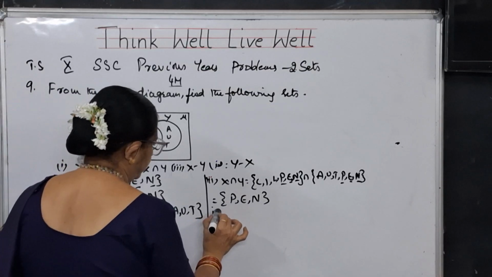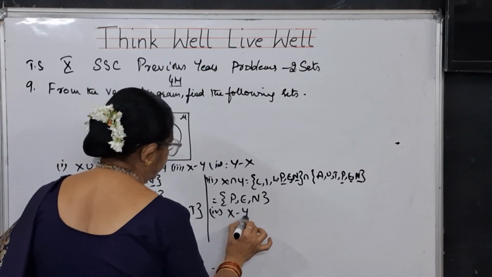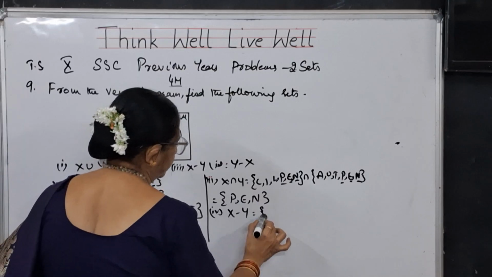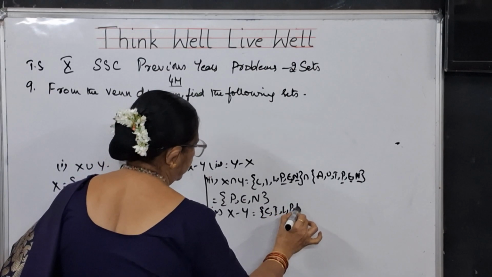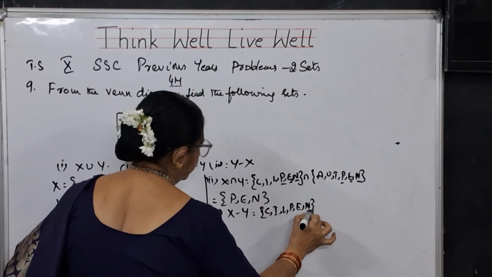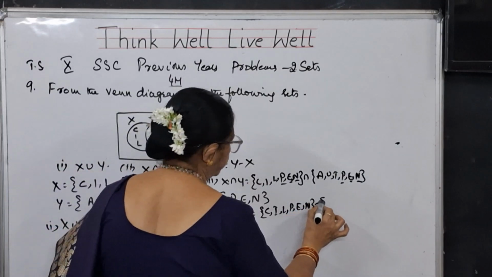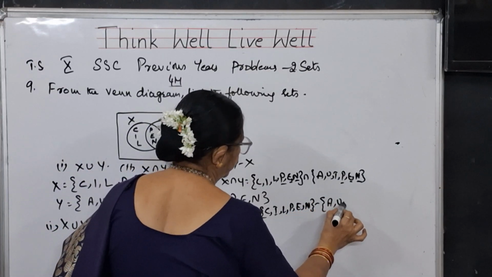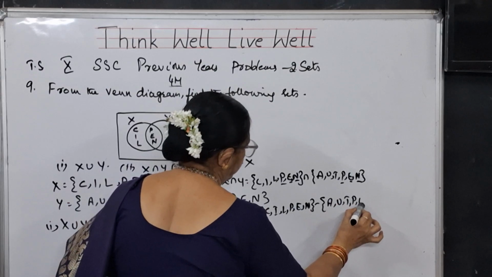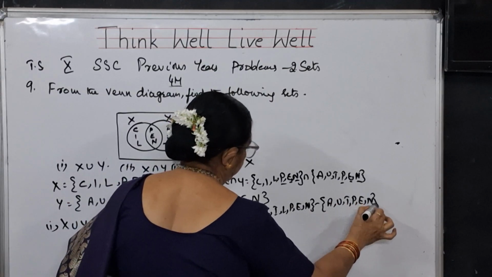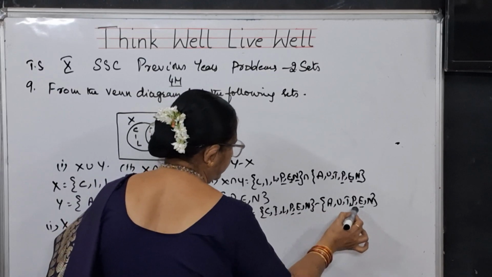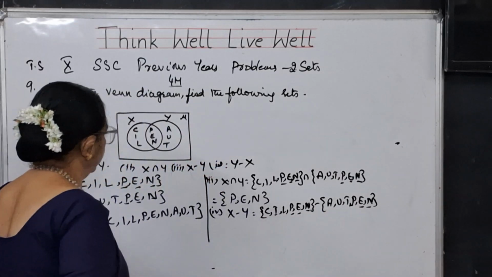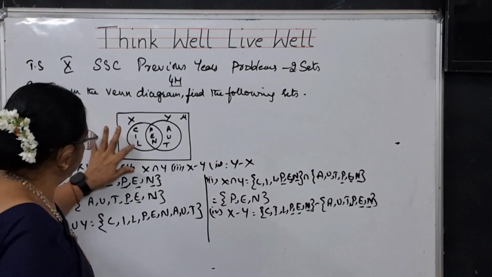Now the next one, X minus Y. That is C, I, L, P, E, N minus A, U, T, P, E, N. Since it is X minus Y, what all are common in this, you are removing. So when you are removing this, what is there, children?